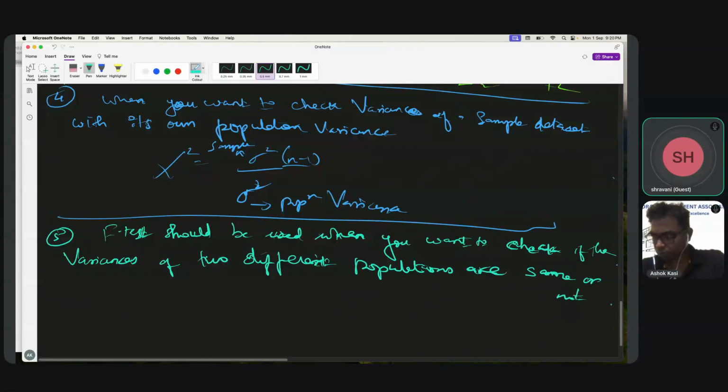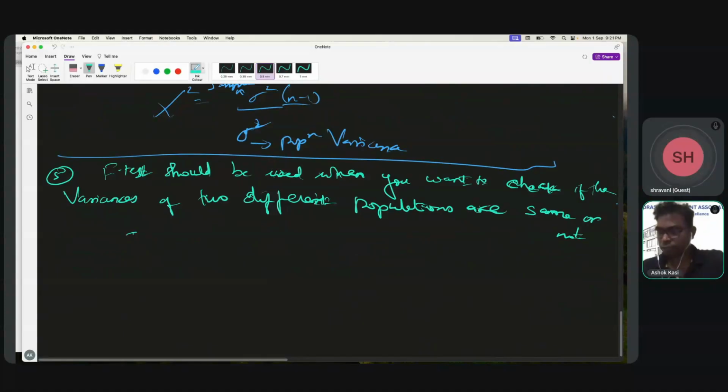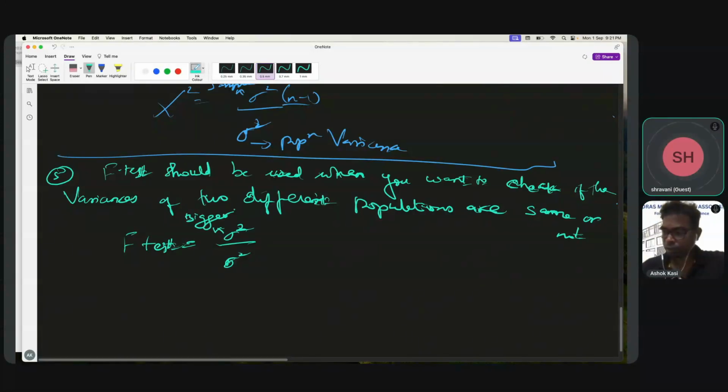So that time we will go for F test. That is equal to variance by variance. This is bigger variance and this is smaller variance.